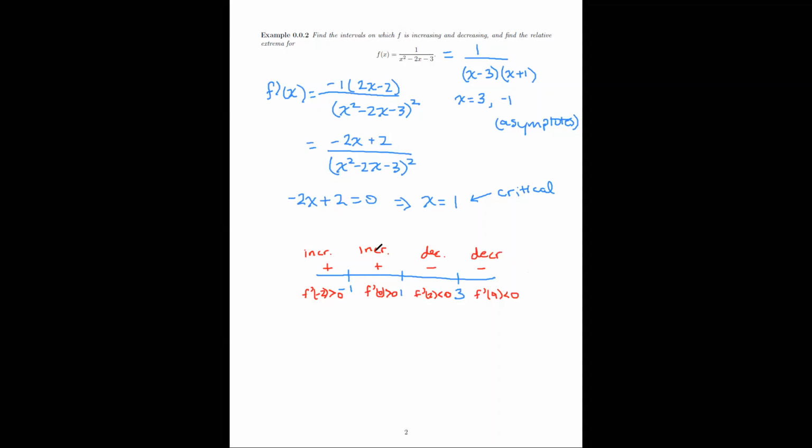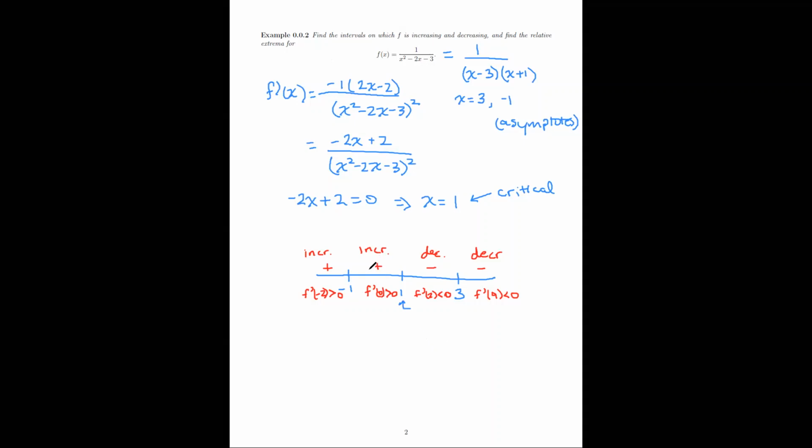Okay, so we found our intervals on which we're increasing and decreasing. We're increasing when we're less than minus 1 and when we're in between minus 1 and 1. We're decreasing when we're in between 1 and 3 and when we're bigger than 3. And finally, where are our relative extrema? Well, our only option for a relative extrema is right here at our critical point, x equals 1.